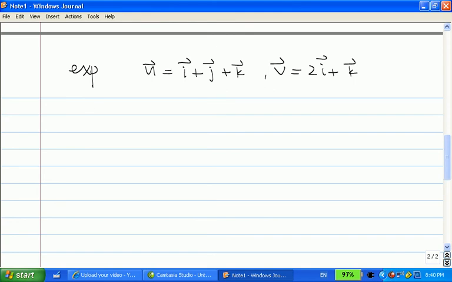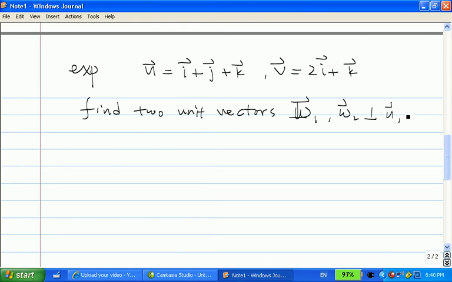We want to find two unit vectors, let's call them W1 and W2, that are both perpendicular to the given vectors U and V.